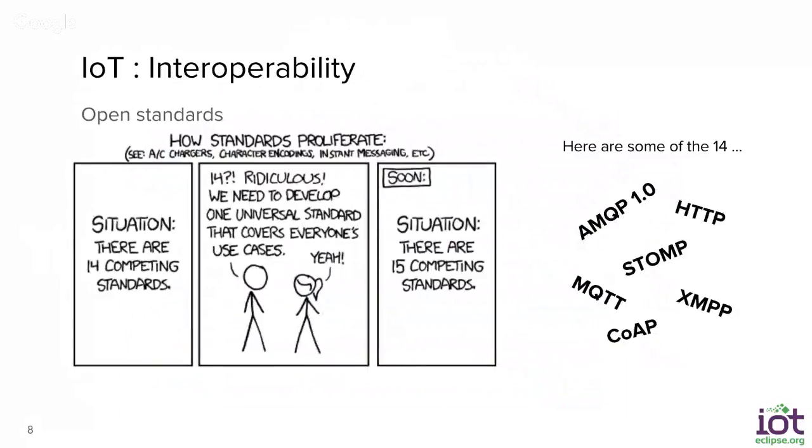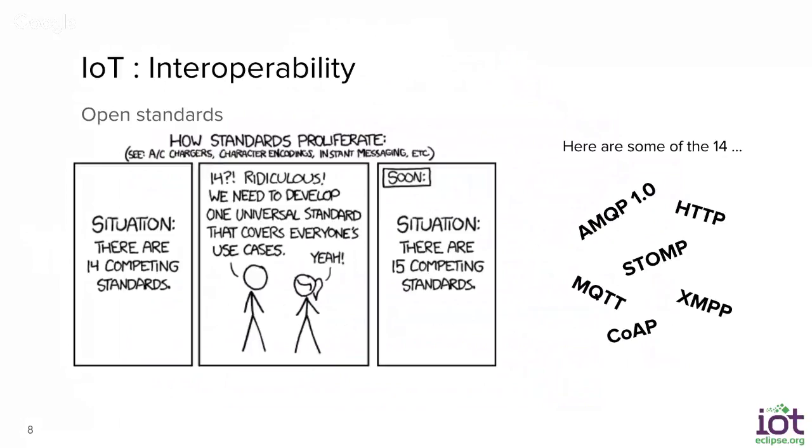Regarding protocols, we know it's important to have interoperability. This picture is funny because the starting situation is having 14 competing standards. So people speak about that and then decide to have another protocol to rule them all, right? But then the final situation is just having one more protocol.